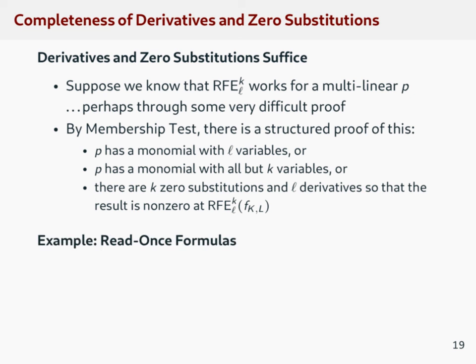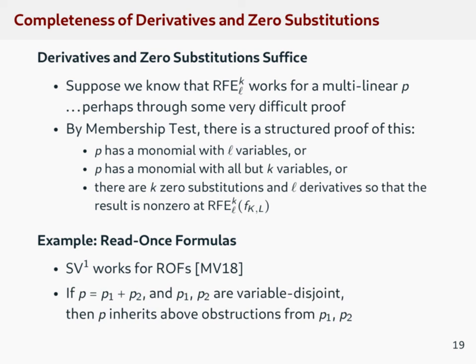So as an example, we reprove the result of Minahan and Volkovich that one copy of SV works to derandomize PIT for read-once formulas in a black box fashion. The critical step involves considering the sum of two variable disjoint polynomials, and whereas MV had a somewhat ad hoc argument, you can think about it in terms of the membership test, where each of those three bullets above constitutes an obstruction for P to belong to the vanishing ideal, and when you have a sum of two variable disjoint polynomials, any obstruction for either term in the sum is automatically inherited by the entire sum.